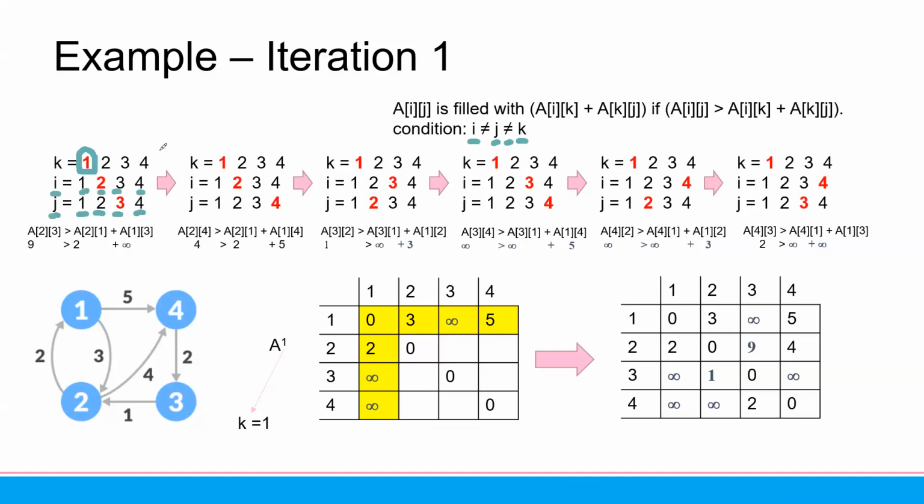Then I can have k if it is 1. So I can put the a_ik.